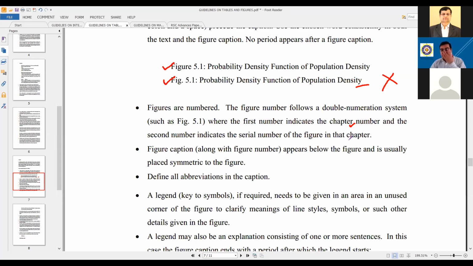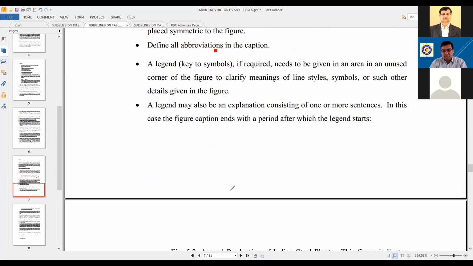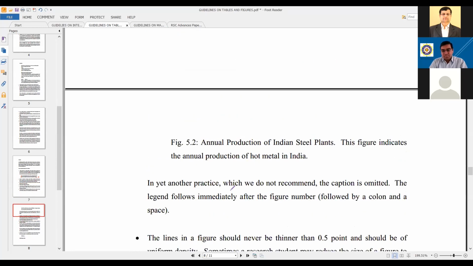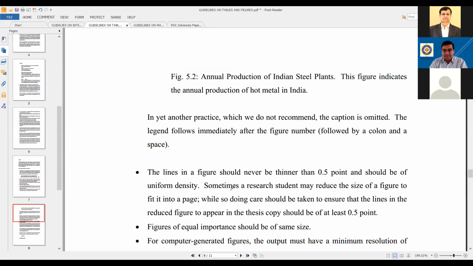If you are writing a thesis or a dissertation, then use 5.1, 5.2, 5.3, and so on. And yes, all abbreviations should be well defined. And for botanical names, use italics.